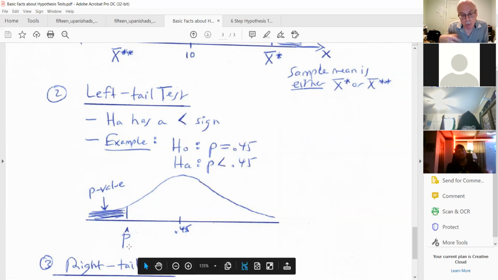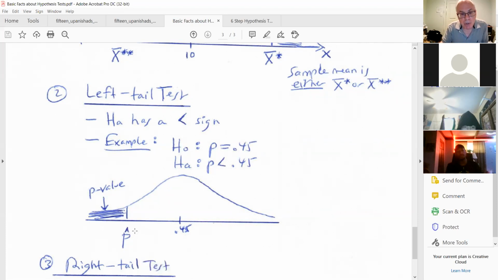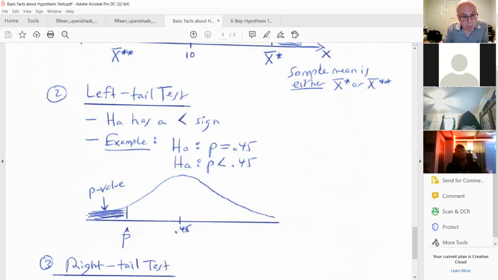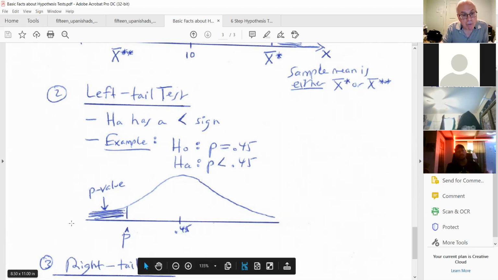So once we run our sample and we determine that the sample proportion is some number, in this case less than 0.45, then the area to the left is going to be our full, complete p-value. It's the probability of getting this sample statistic or something even further away from 0.45, which would be the area to the left.